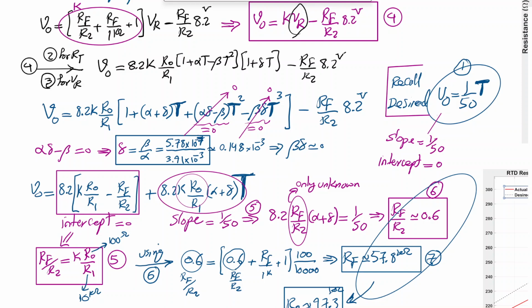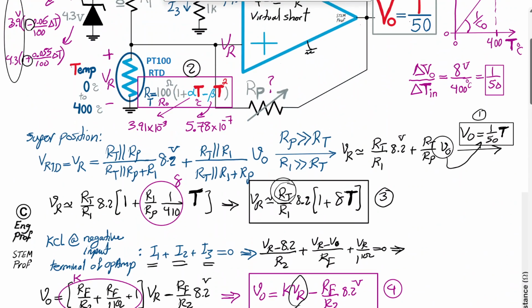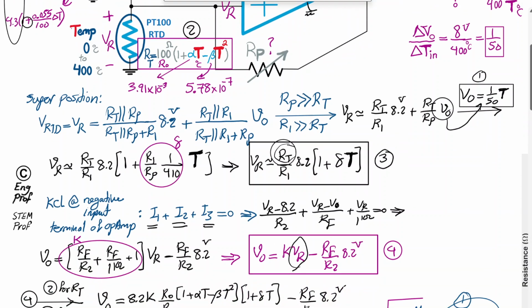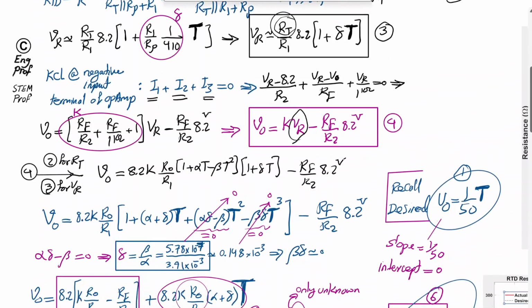So in the value of Rp, if I go back to here, we already computed gamma, which is here. There you go.